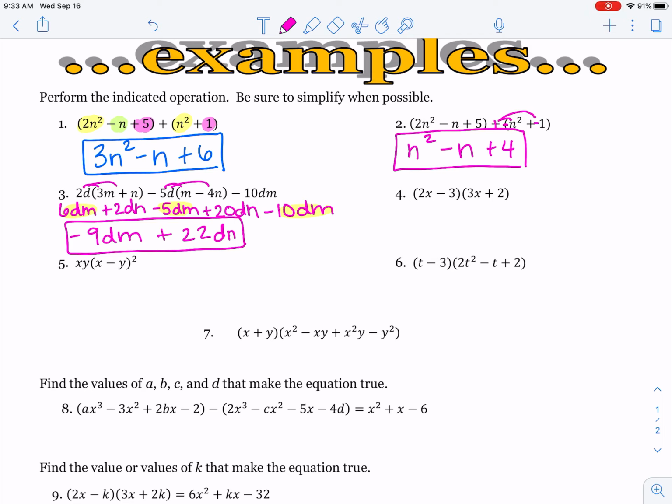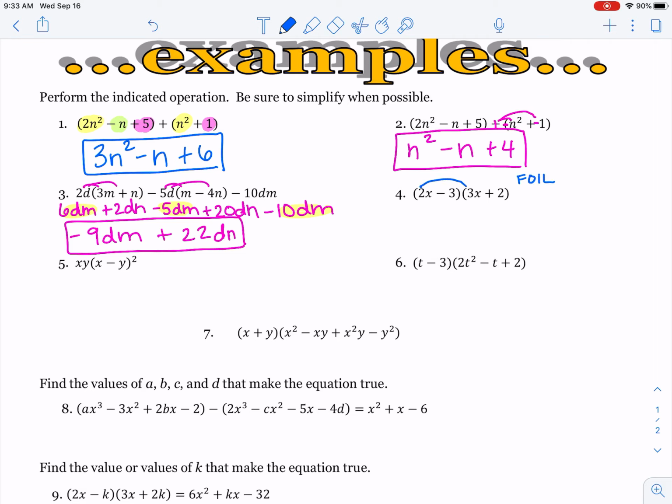Now for the next 4 examples, we're going to be multiplying. Whenever you have two binomials, so like we do in number 4, you are going to FOIL. I'm sure your teachers taught this to you last year. But remember, it's first, outer, inner, last.